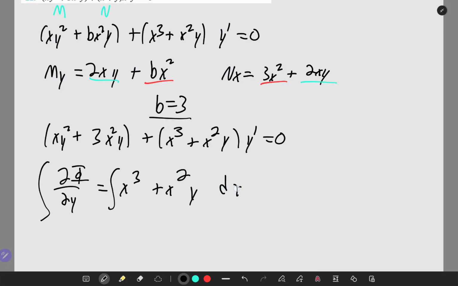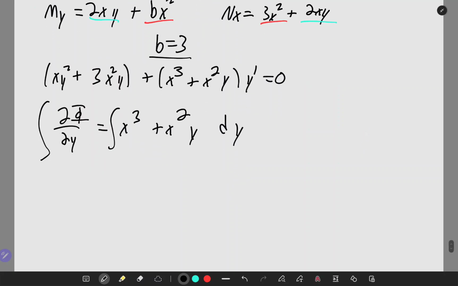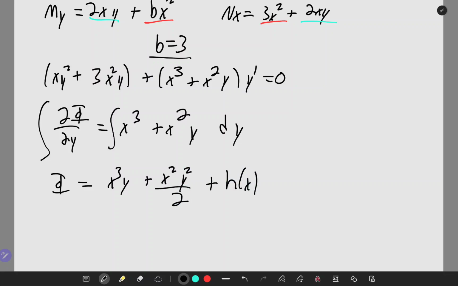This is dx, not dy. So we're left with phi is equal to, with respect to y, x cubed y plus x squared y squared over 2 plus h of x.